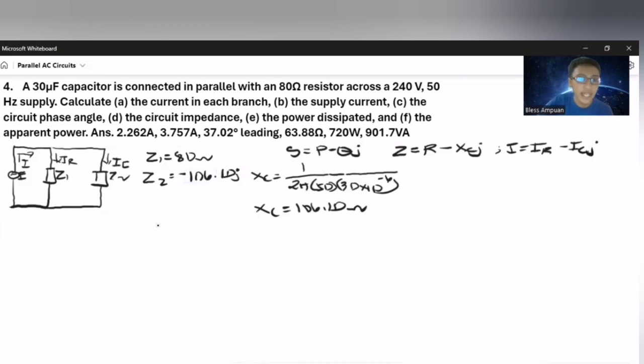Getting the total impedance for our circuit, our Z is equal to 1 over (1 over 80, Z sub 1, plus 1 over negative 106.10 J).